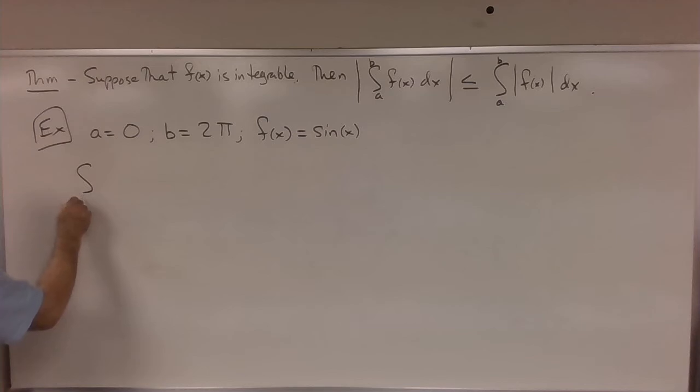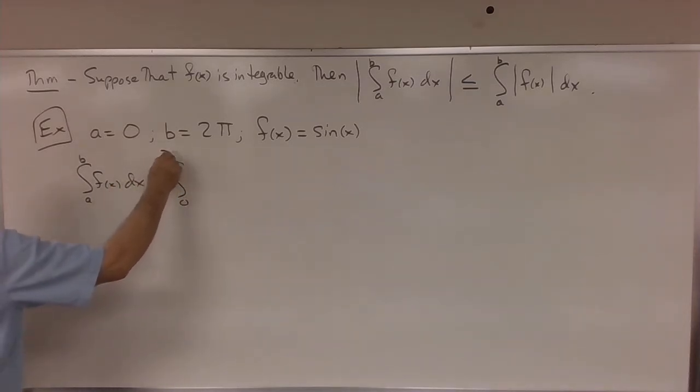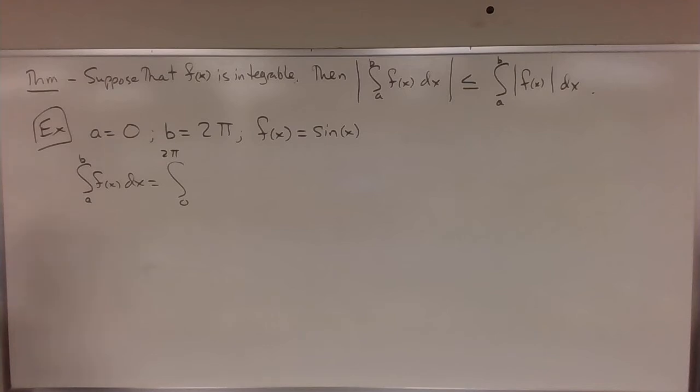Now, the integral from a to b of f of x dx, in this case, is the integral from 0 to 2 pi of sine of x.